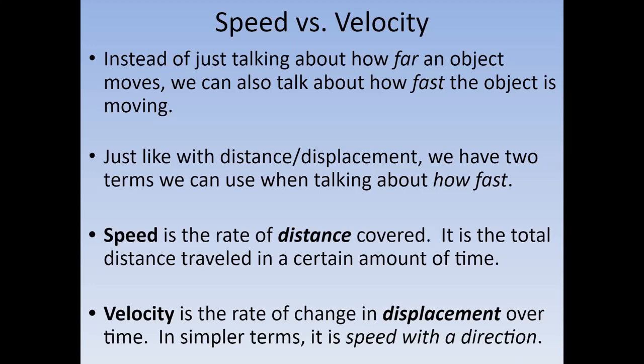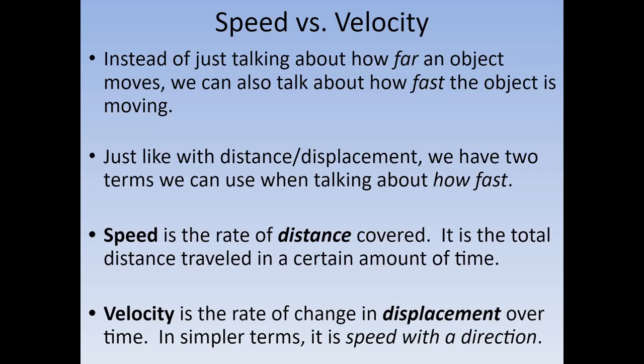A perfect example is moving around in a circle. When you go around a circle and complete one full circle, you've traveled a certain distance. If it's a racetrack or the running track, then you've traveled an eighth of a mile. So your distance would be one eighth of a mile, and the speed would be whatever that is divided by your time. However, completing one full lap on that track, your displacement is going to be zero, which means your velocity is zero.